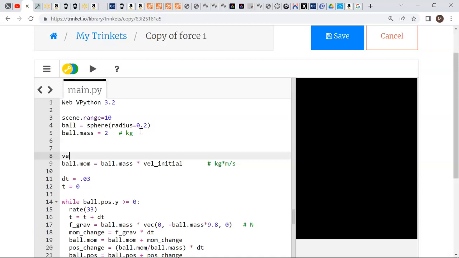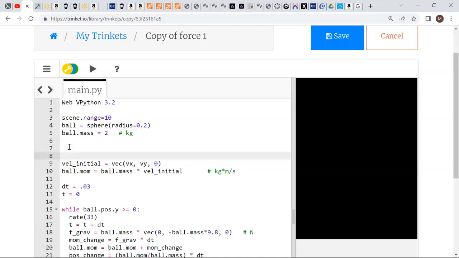Well, initial equals a vector with an x component, call it vx, y component, call it vy, and we're not going to worry about the z direction. Okay, well, I need to define vx and vy.